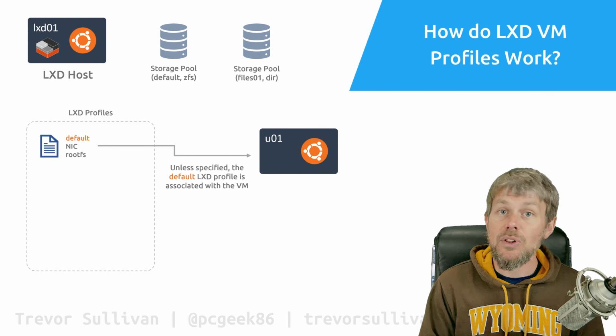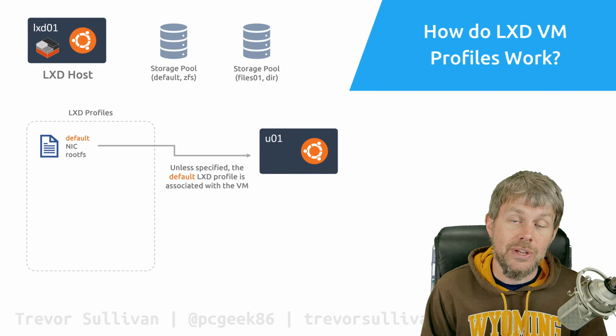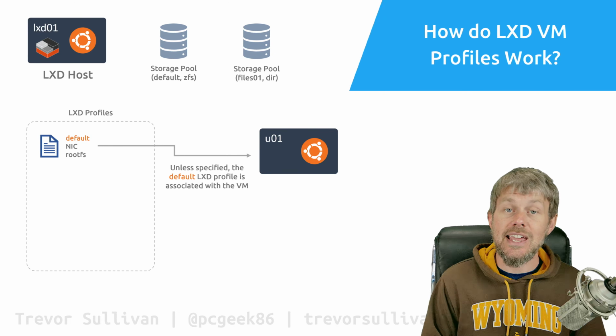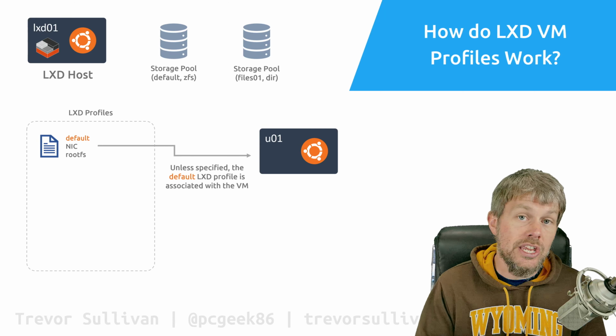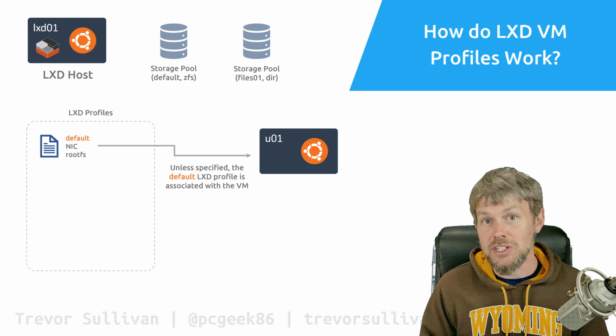A couple of particulars that get configured on that new virtual machine by the default profile are a couple of devices that get added to each virtual machine. Specifically, we've got a network interface card, or NIC, and we also have the virtual disk configuration that assigns a root file system to each of the new virtual machines that we deploy.